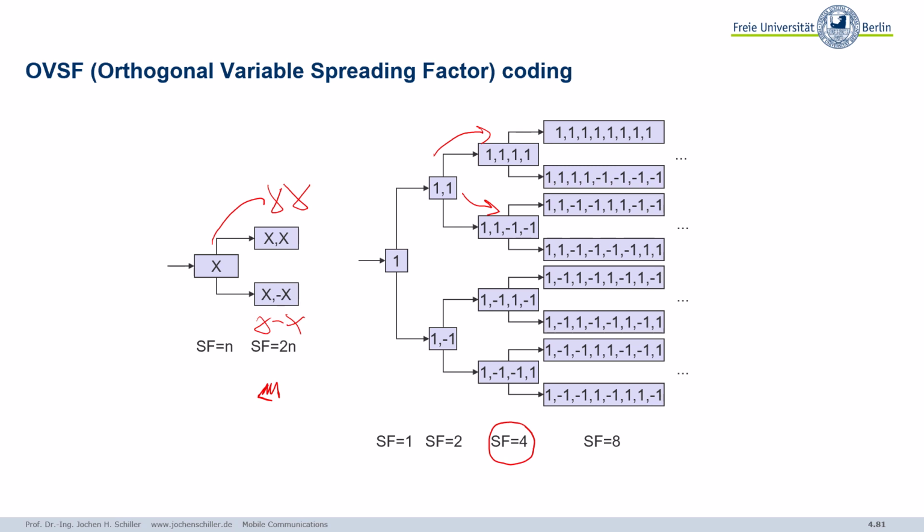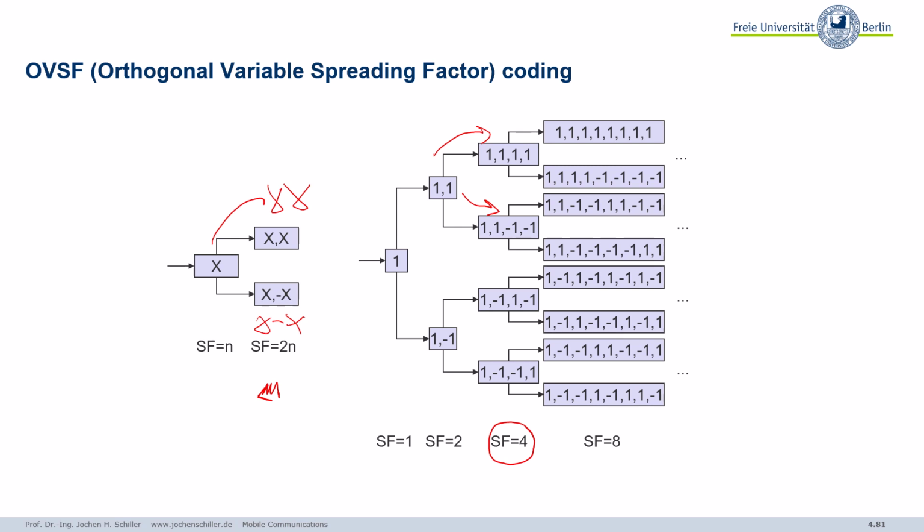Now, how can you make sure that you do not pick two non-orthogonal codes? You see, we have a fixed pattern of chips to spread the data. They're repeated all over again. So it's very simple. Assume you have two low rate data streams, a medium and a high rate data stream.